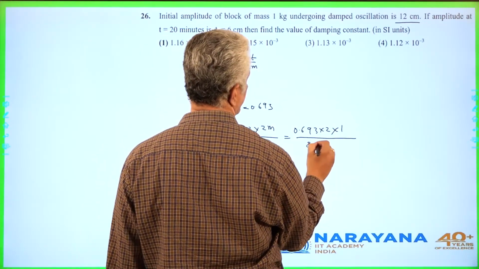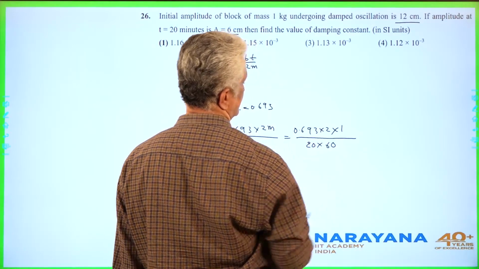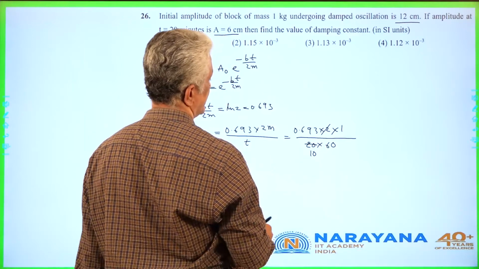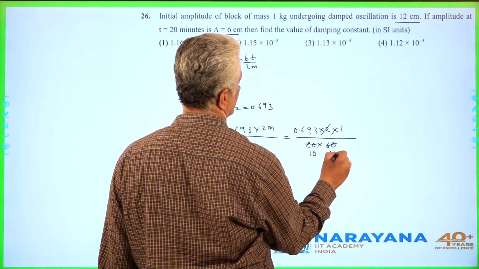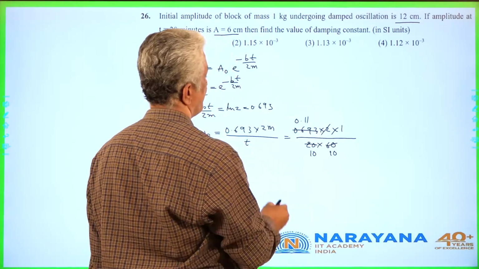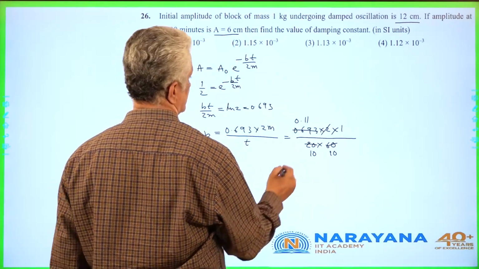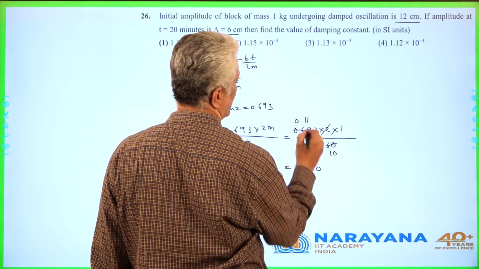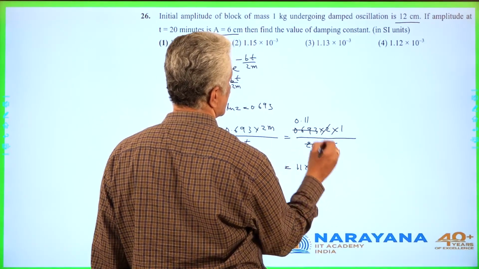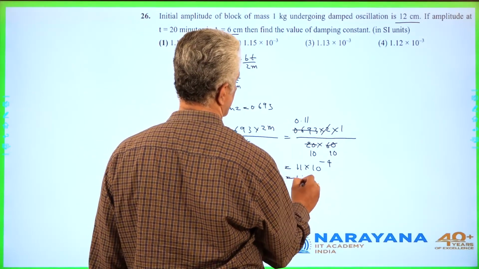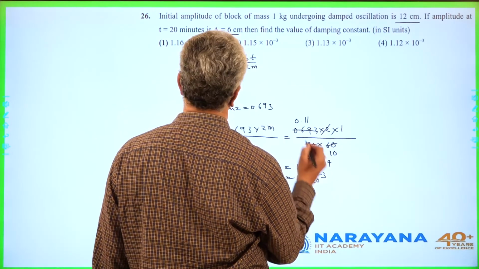So there it is 20 into 60 seconds. 2 cancels 10 times and this 6, almost 0.11 will come. That is totally 11 into 10 power minus 2, minus 3, minus 4 will come. Or it is 1.1 into 10 power minus 3.